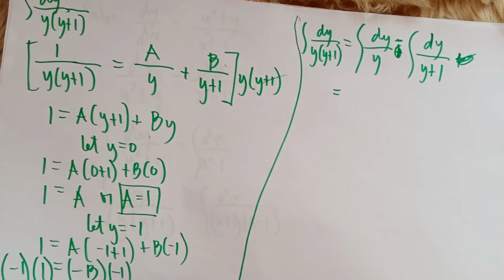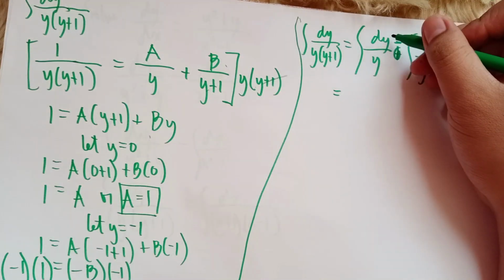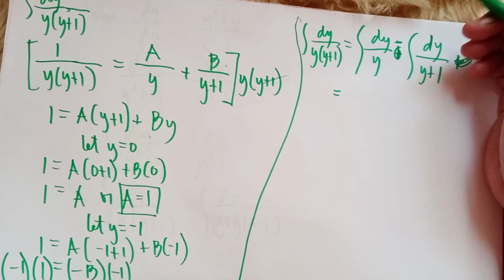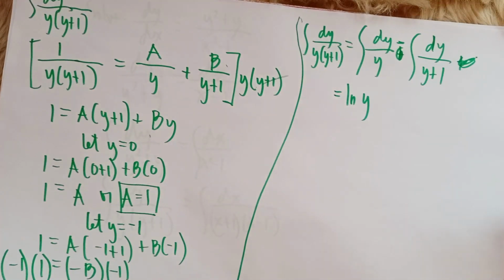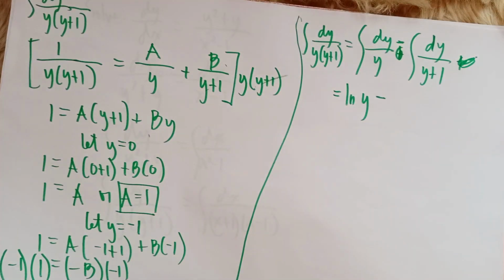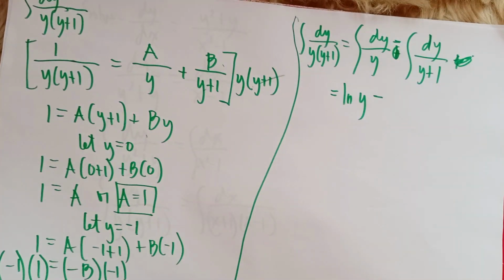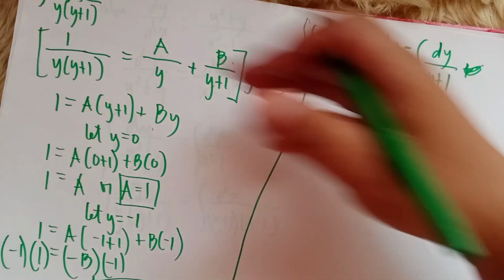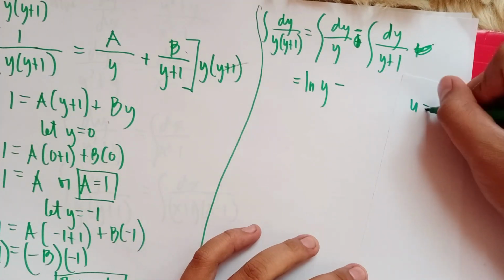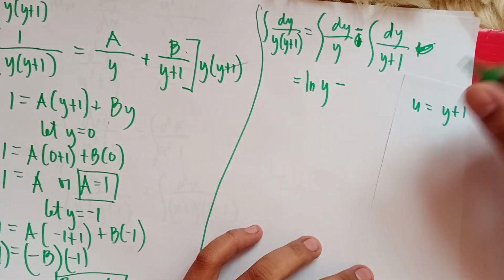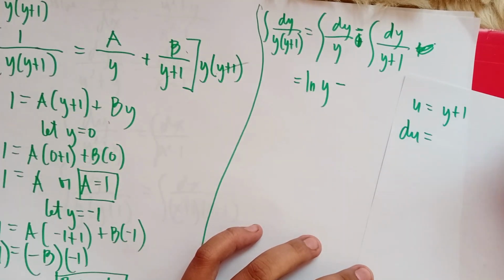Mamaya pa pala ang plus c. So, this is now, what's the integral of dy divided by y? Tama mga boss. That is natural log of y. Minus. Okay? So, dito, our u is, okay, by inspection, our u is equal to y plus 1. So, what is our du?